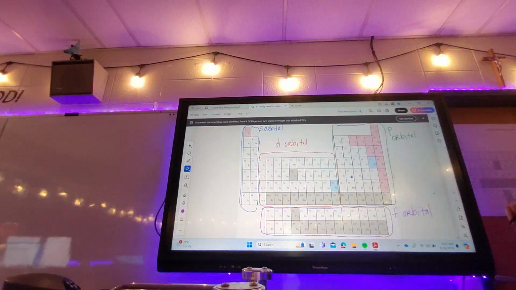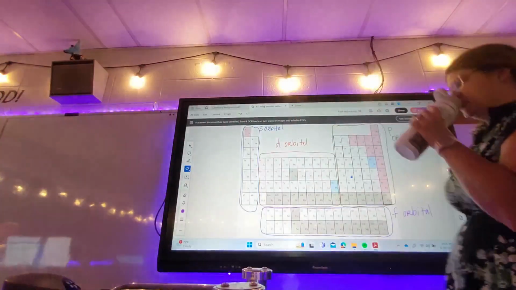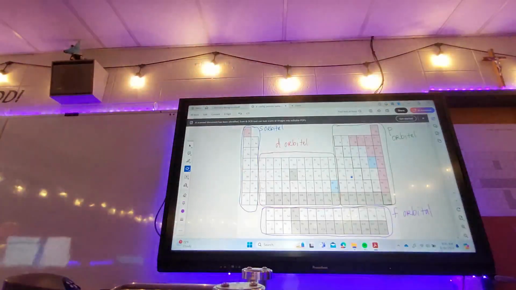That's those last 2 rows. Do you remember what those rows are called? Elliot? Lanthanides and actinides. Yep, you were very close. All right. So that's where the orbitals are.